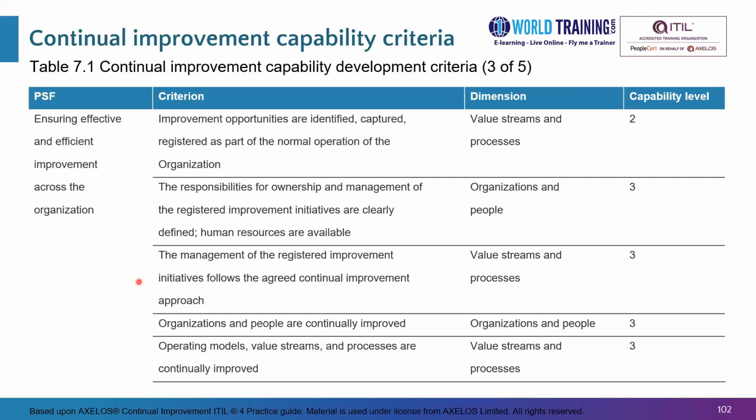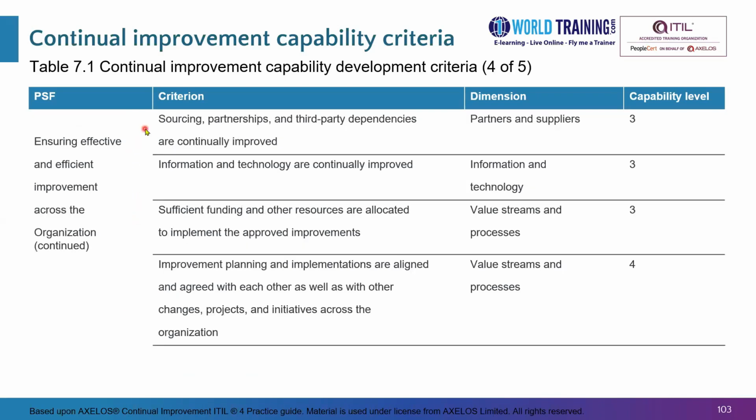Next, we have that the management of the registered improvement initiatives follows the agreed continual improvement approach. Then the organizations and people are continually improved. The operating models, value streams, and processes are continually improved. So if you notice this, the criteria here differ from the criteria for the other PSF, in the sense that these are more about the improvements themselves rather than the approach for the improvement.